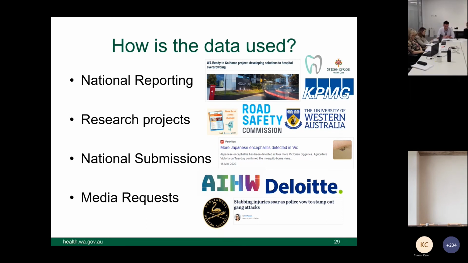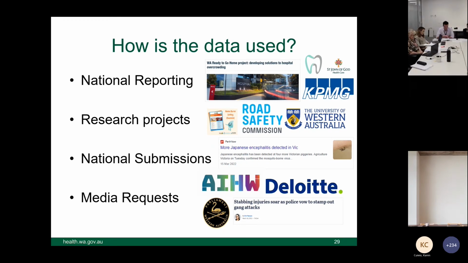So this is a publication that provides statistics relating to road crashes in WA, and it can be used to provide visibility over all types of road trauma, not only involving cars, but also pedestrians, cyclists, motorcyclists, etc. So it's good to know that the data in our collections is helping to inform and provide a better understanding of injuries and hospitalizations in this area, and is being used to help inform policy at a state level.